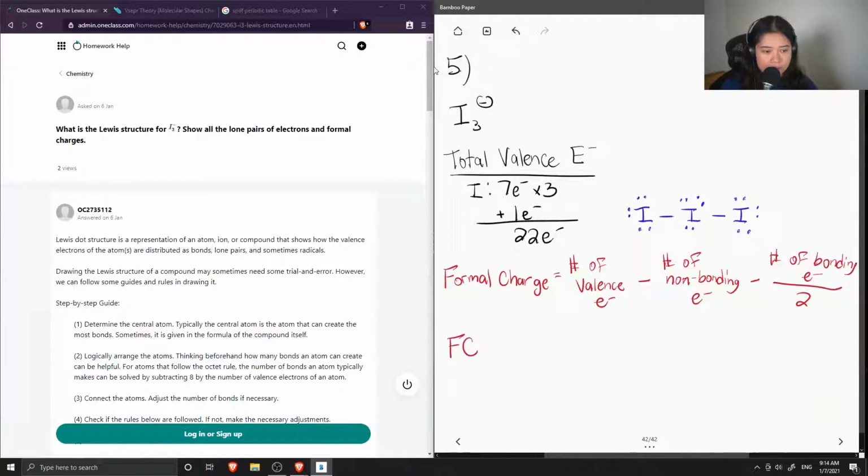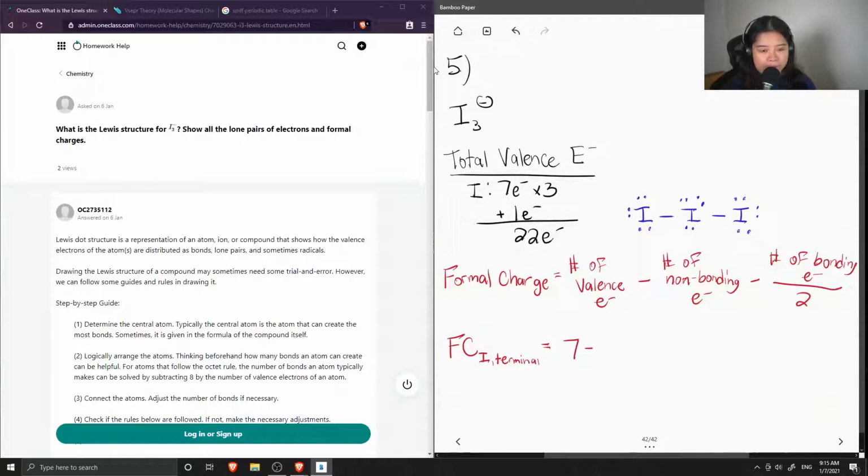So first let's look at the formal charge of the iodines that are terminal, so that are on the left and the right of the central one. Since they're the same, that's why I didn't specify which one. So each iodine has 7 valence electrons.